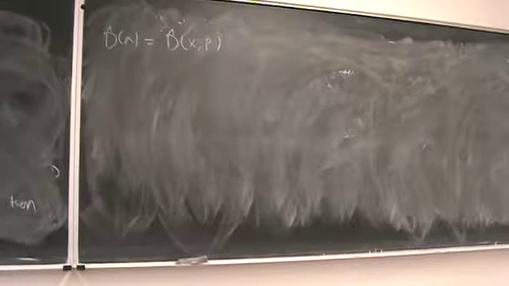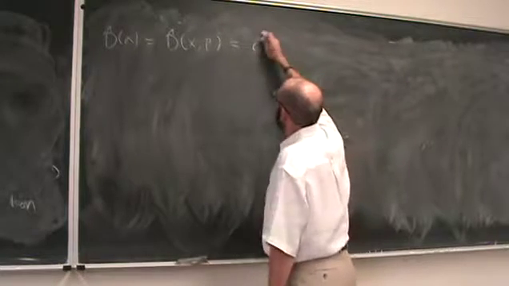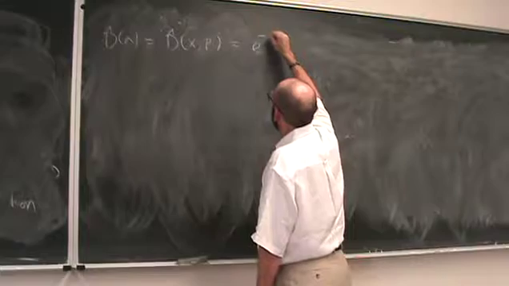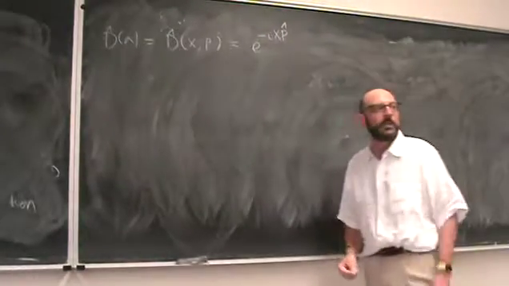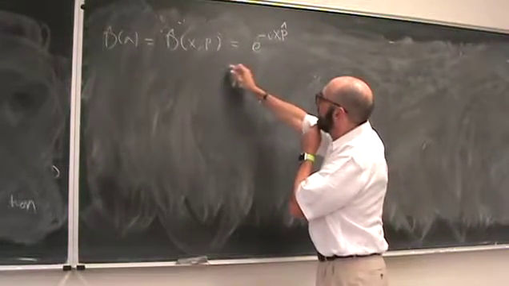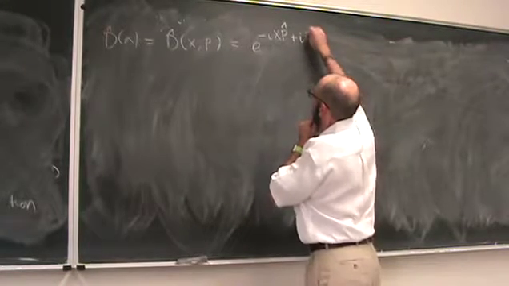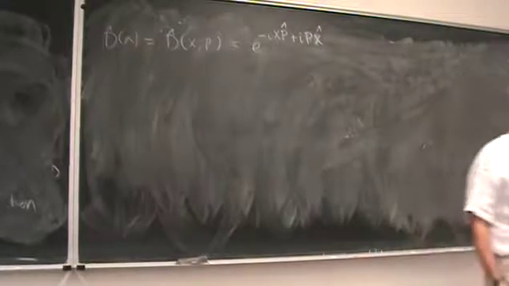That's my alpha. Alpha is x plus i p. The thing that displaces in position is the momentum operator. The thing that displaces in momentum is the position operator. They don't commute, but I can write it in a symmetric way by putting them both in the exponent together. That's my definition.